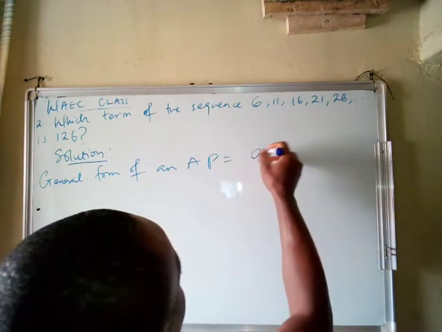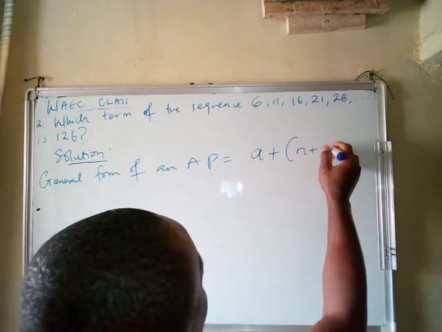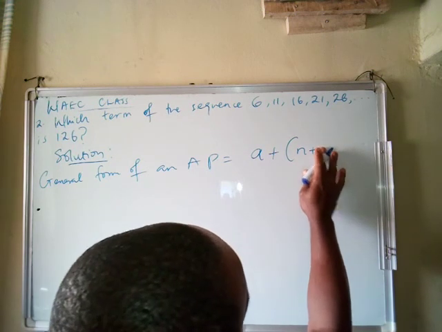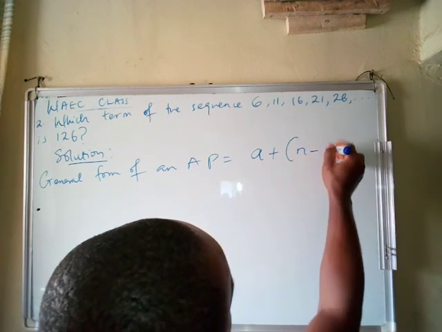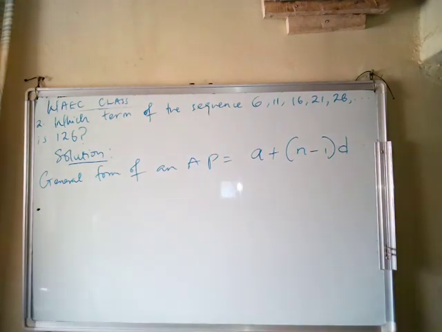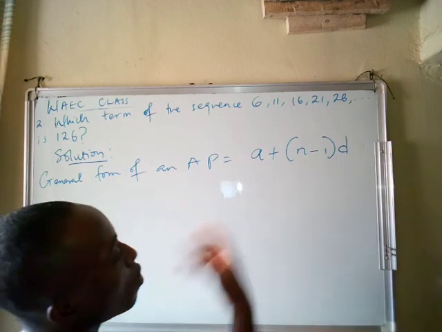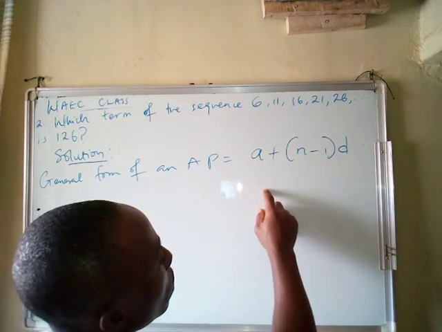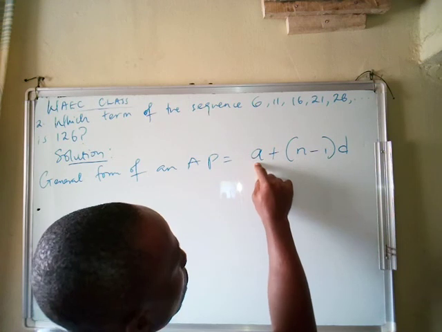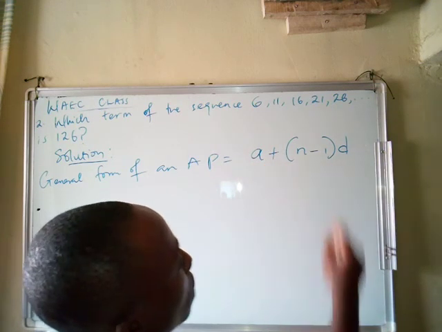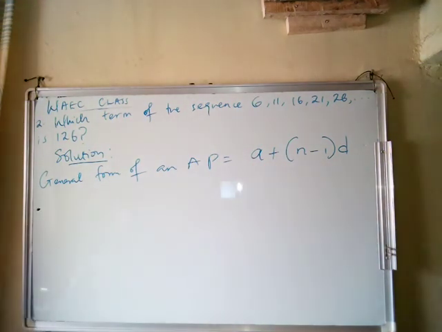If you remember, it's A plus open bracket N minus 1 close bracket D. You remember that formula? A plus N minus 1 D. It's a usual thing we used to say when we were in school. So you have expressions you need to get the values of. A is the first term, N is the nth term, and D is your common difference.